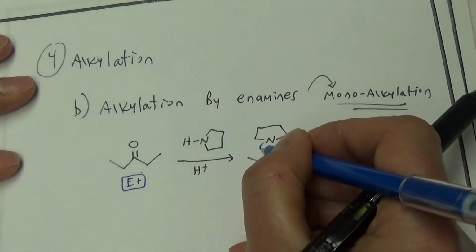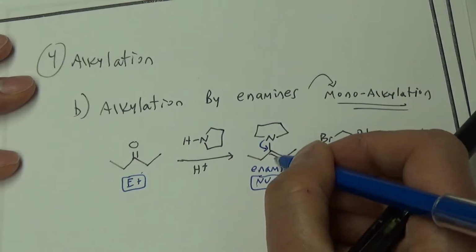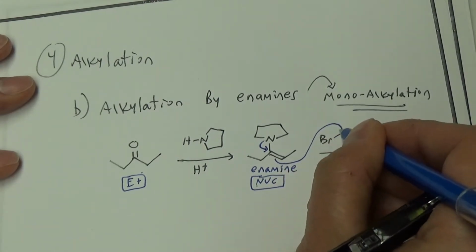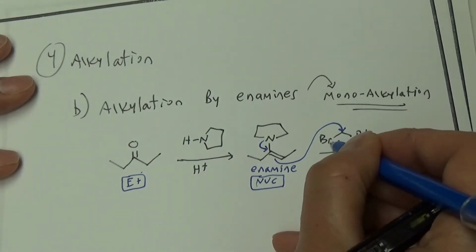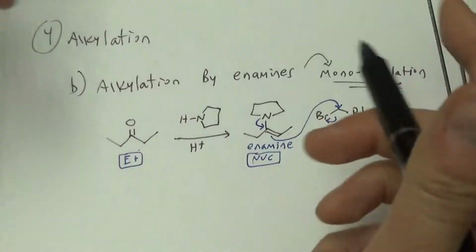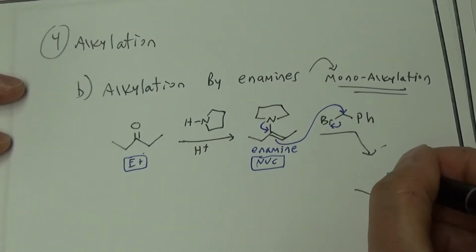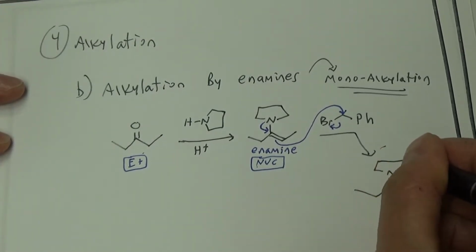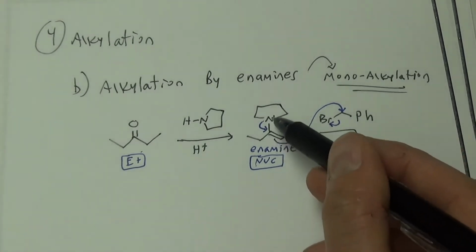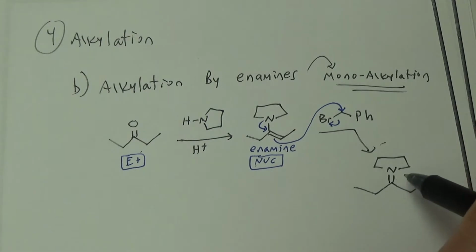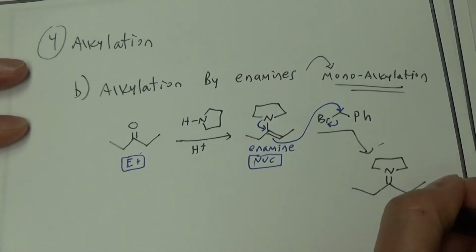Being kind of like an enolate, the nitrogen actually swings down, and the double bond attacks the carbon and kicks off the Br, and gives you now a double bond to nitrogen, right? And we have our group that we just attached.